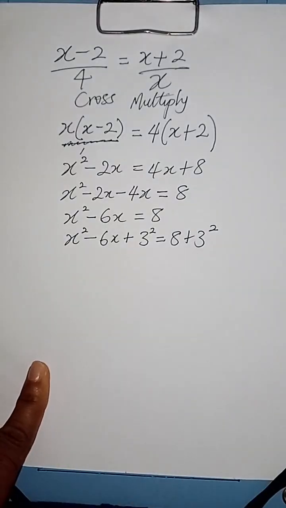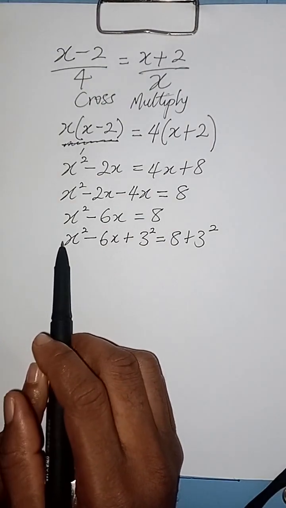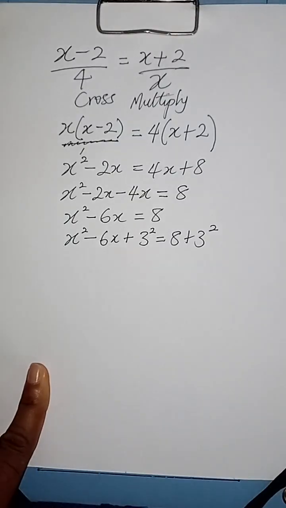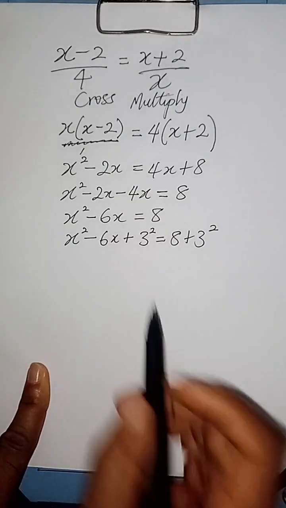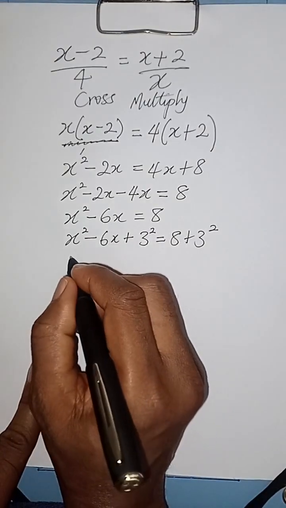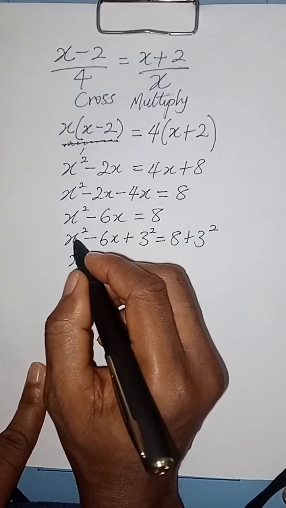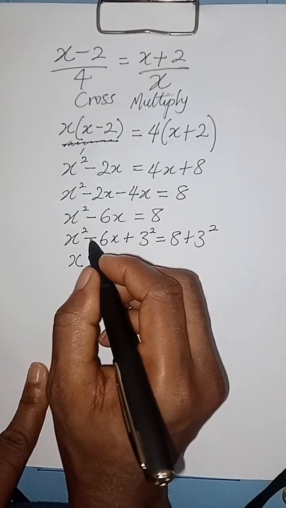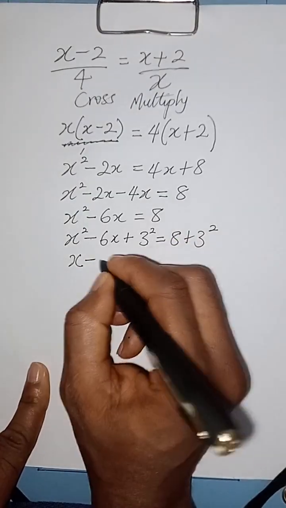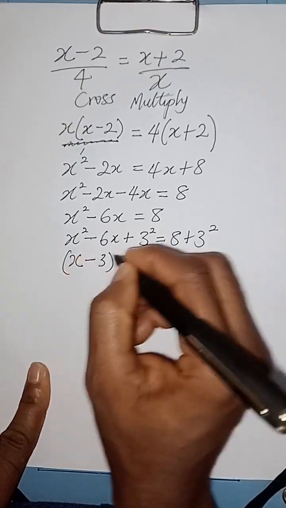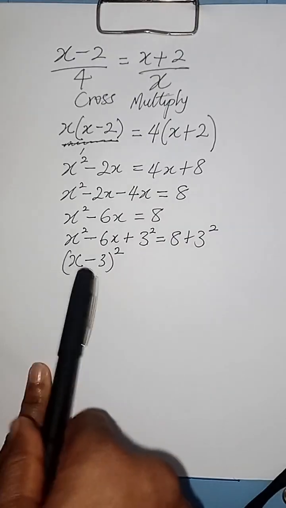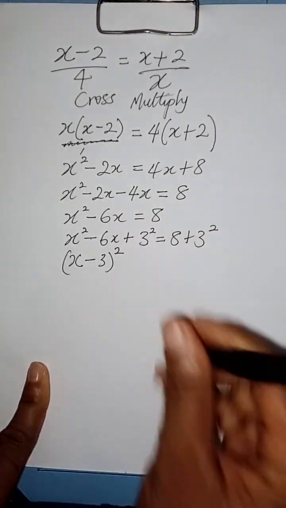That's it. That's how to apply the method. But ensure the coefficient here is 1. So the coefficient here has always been 1, and so it's easier for us to go on to solve it this way. This is x, this x, this is 3. But we're going to take this sign that is here, minus, and write 3, and open a bracket and square. If you expand this bracket, you're getting this expression back.